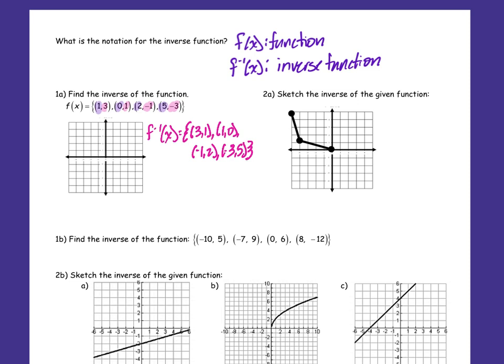And we can draw it out graphically to see what it looks like. If I graph the first set, I've got (1, 3), which is here, (0, 1), which is here, (2, -1), and (5, -3) here. Okay, so it looks like this.